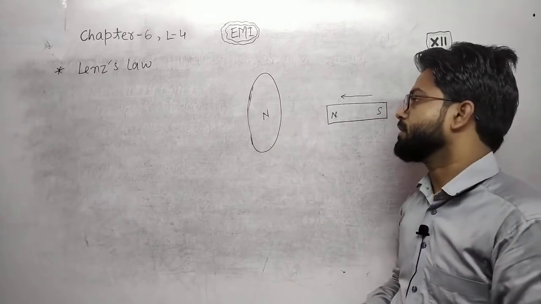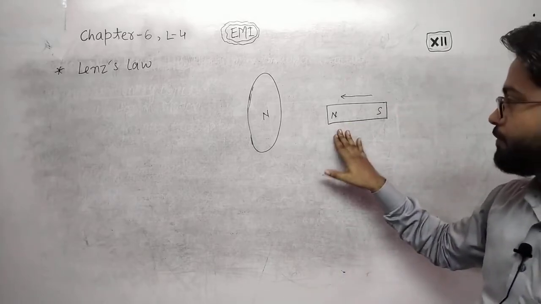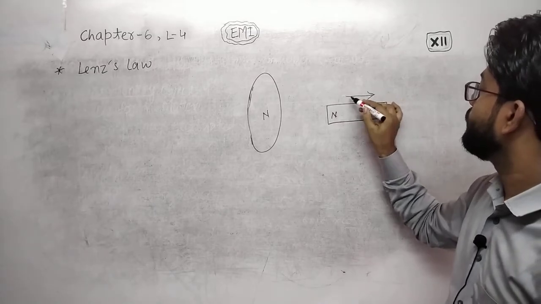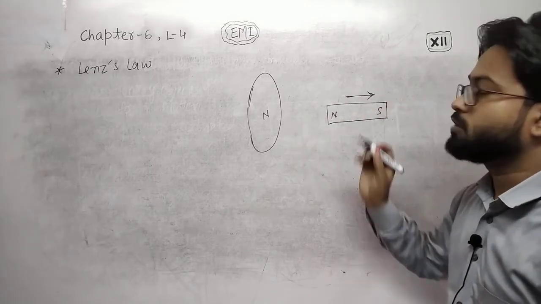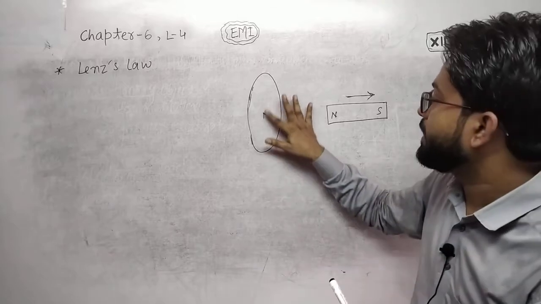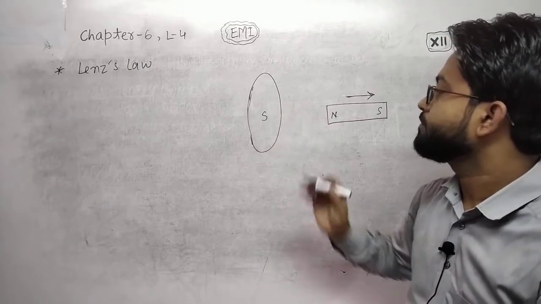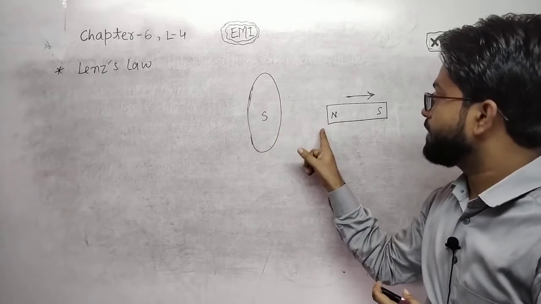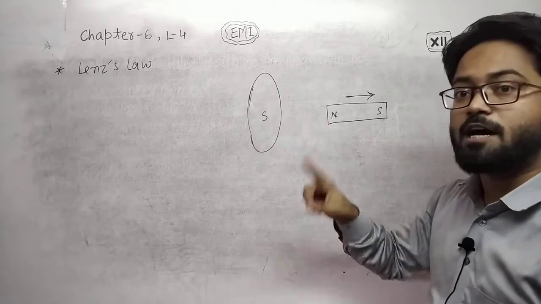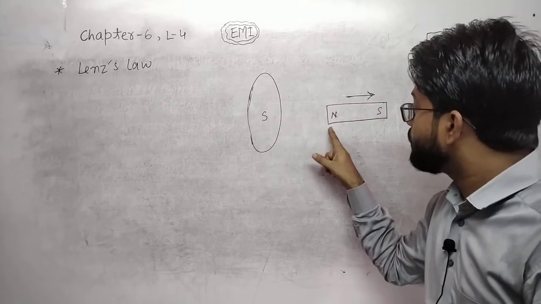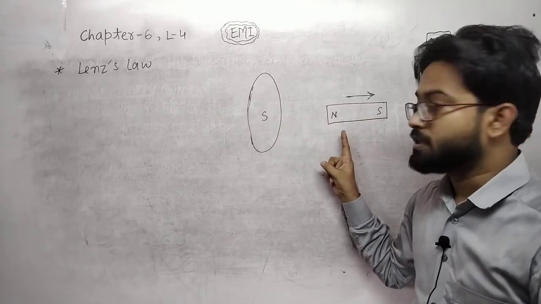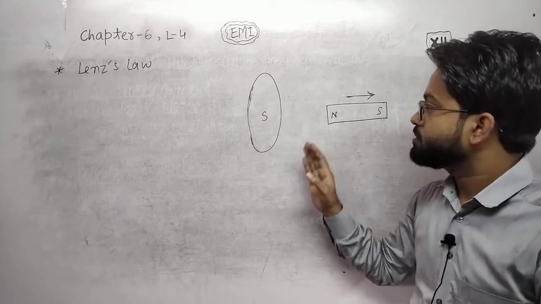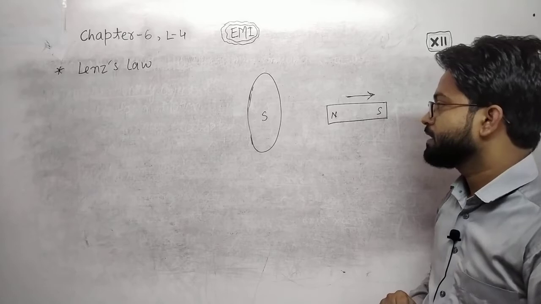It is very easy. If the same bar magnet is suddenly moving away from the coil, the coil will behave like a south pole. Because why? If it is south, it will attract the bar magnet, and it will again oppose the cause by which the current is produced.